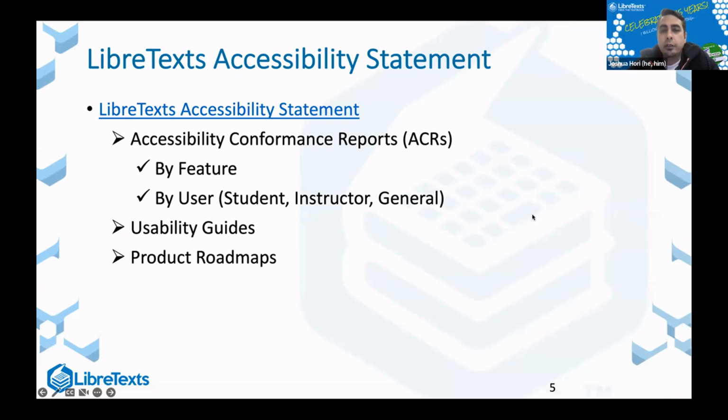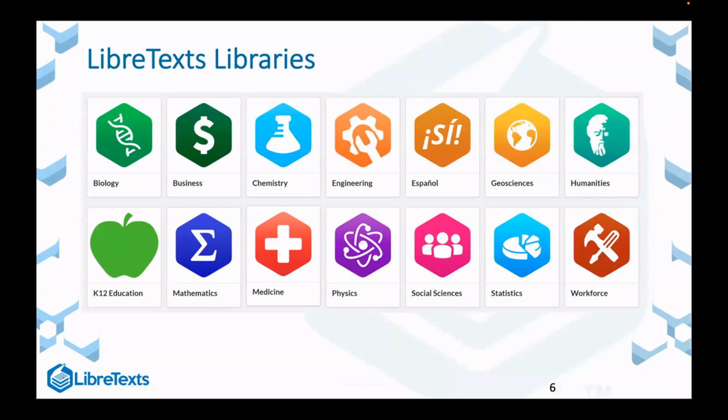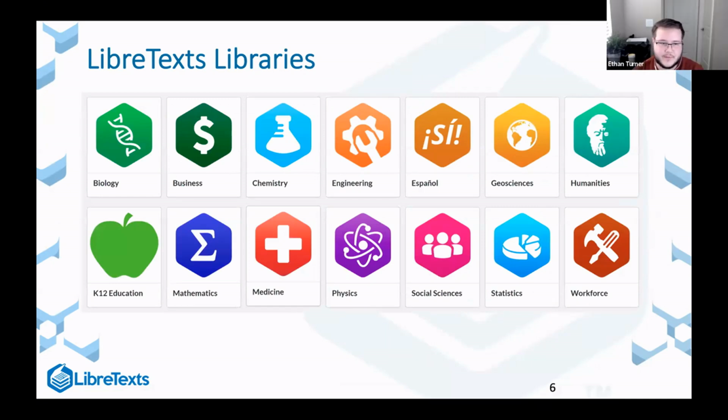All right, slide 6. Take it away, Ethan. Okay, so like we mentioned a minute ago in Joshua's beautiful diagram, the LibreVerse revolves around our now 15 different libraries. We have 8 STEM libraries, which are bio, chem, engineering, geosciences, math, physics, stats, and medicine. We also have dedicated libraries for the humanities, social sciences, business, and workforce, which is vocational and trade education.